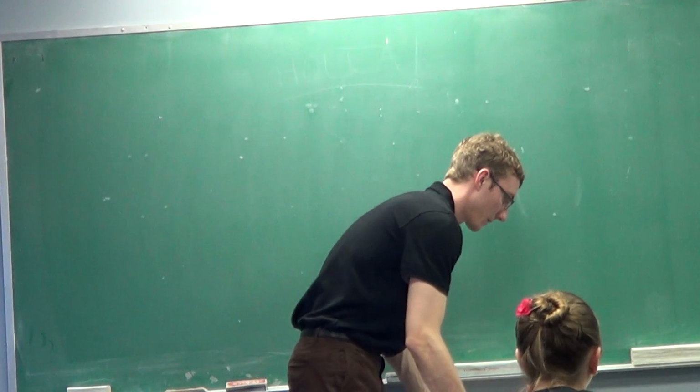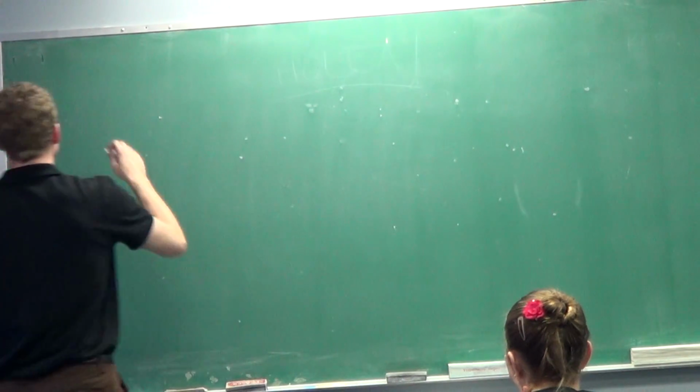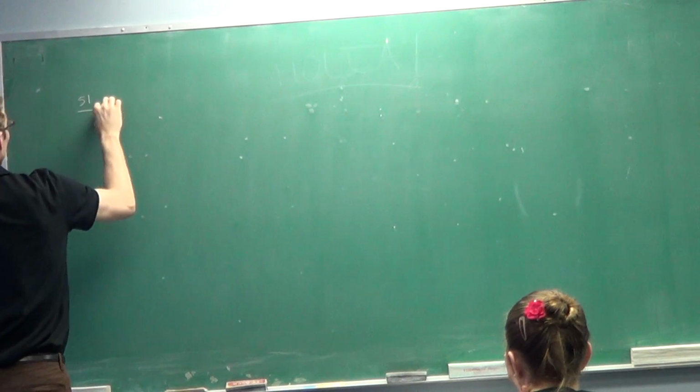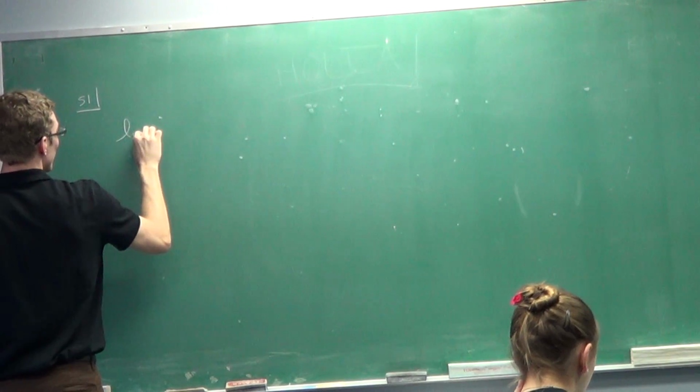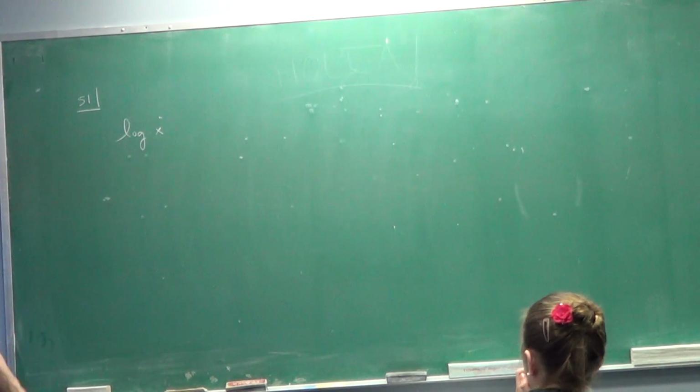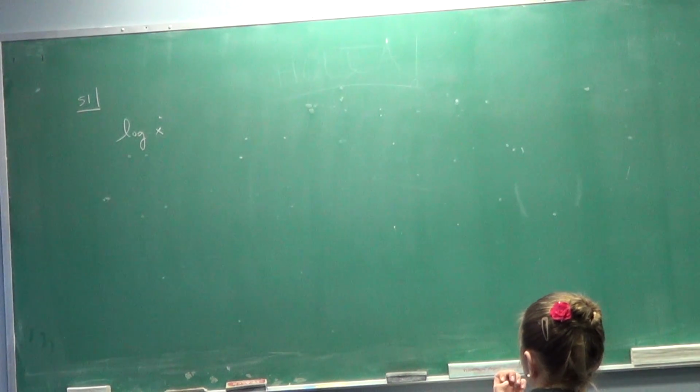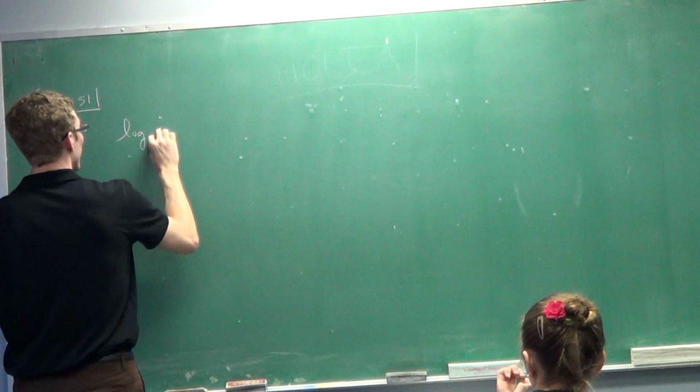So, let's remind ourselves where we stopped due to the time yesterday. In 51. If you see a log with no base written, the base is assumed to be 10.